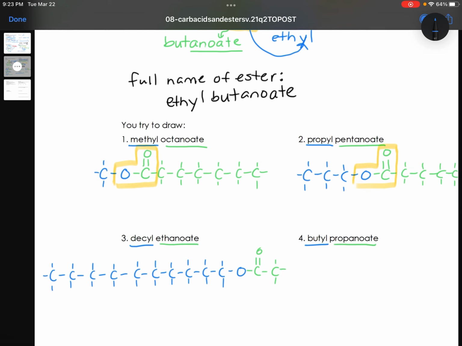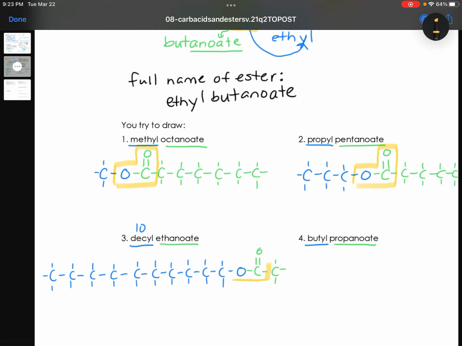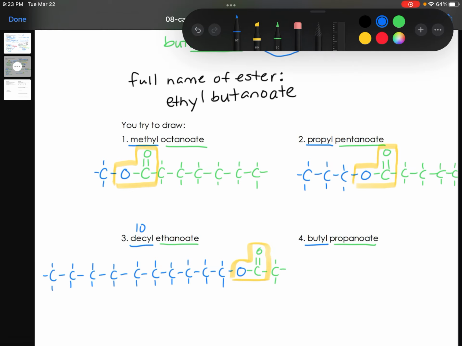Okay, so decyl is 10. That's not one that we often use, but again, we're still following the same rules and checking that we've made the ester linkage, the ester functional group, C double bond O with an O attached as well.